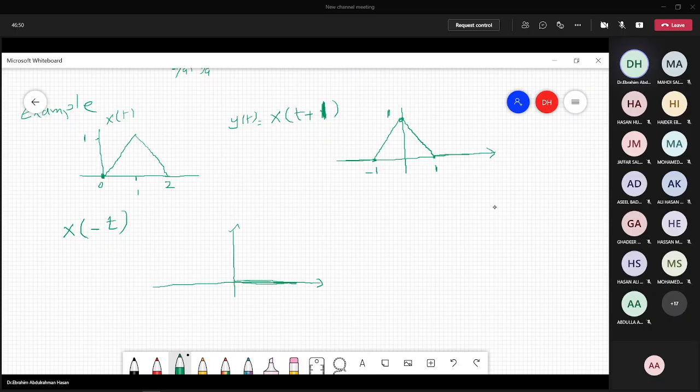And here we'll get exactly the same signal. So this is equal to -2, this is equal to -1. But the height will be exactly the same because we multiply it by 1 again. What about x of 2t?